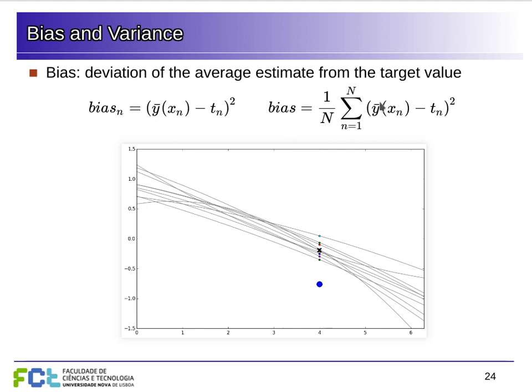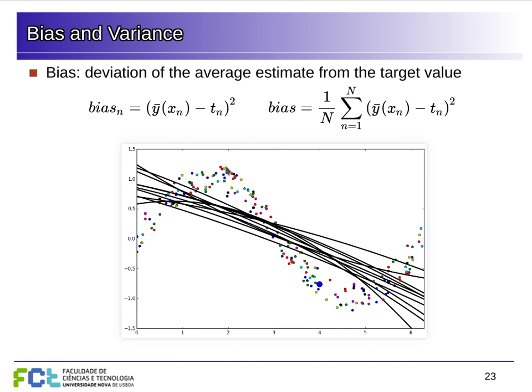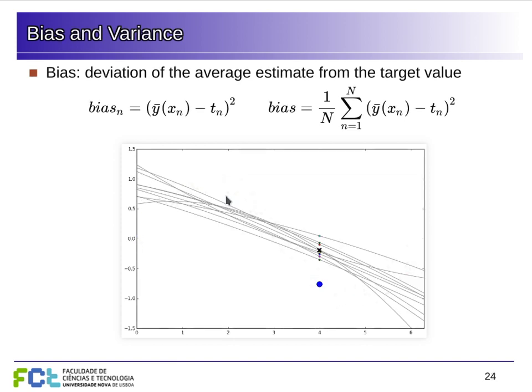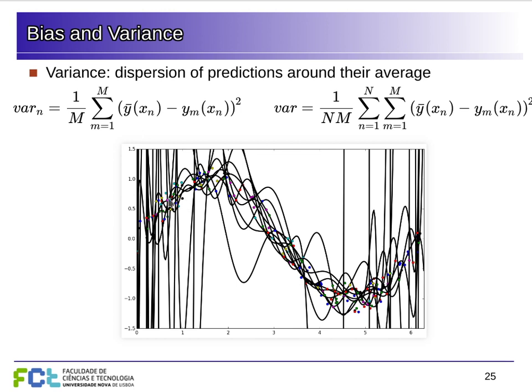So this is the bias, which is the average quadratic deviation from the actual value. In this case, our model is biased because it's always overestimating these points here, it's always underestimating these points here, and so on.